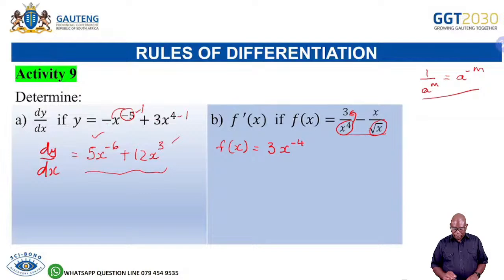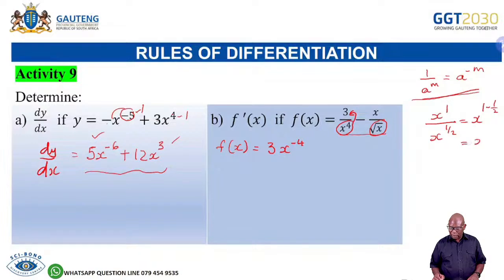I'm going to work it out here now. I'm going to say x to the power 1 divided by x to the power of half. The bases are the same, so we just subtract the exponent. So we're going to have x to the power 1 minus a half, and that will give me x to the power half. So instead of writing this, I'm going to write minus x to the power of half.